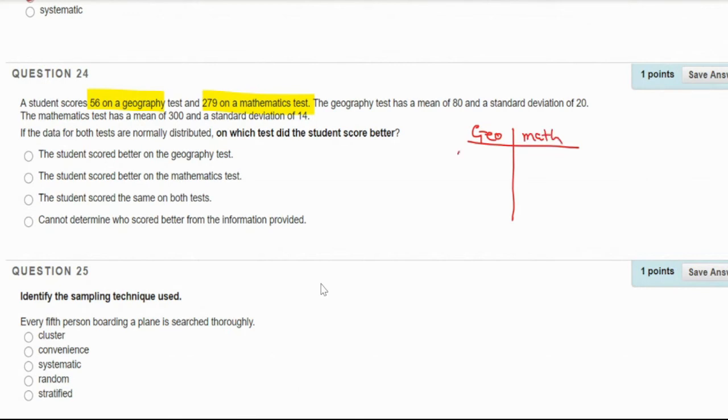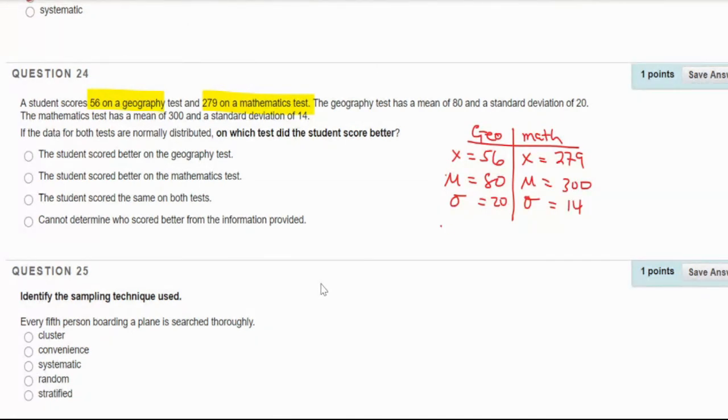The value, the X for geo, they scored 56. The X for math is 279. The mean for geo, mu, is 80. The standard deviation for geo is 20. The mean for math is 300. The standard deviation is 14.